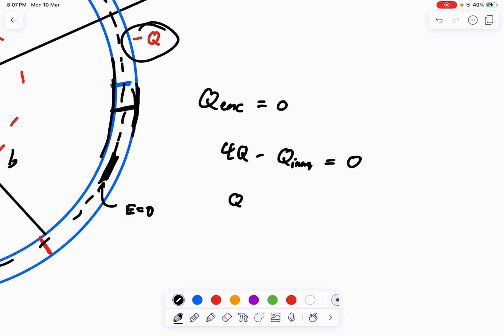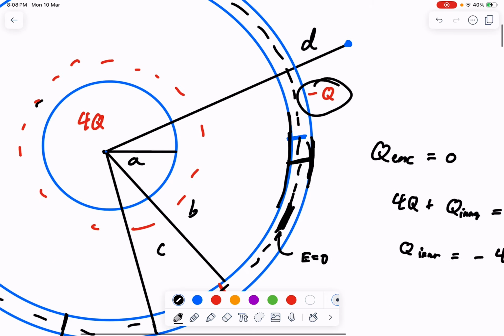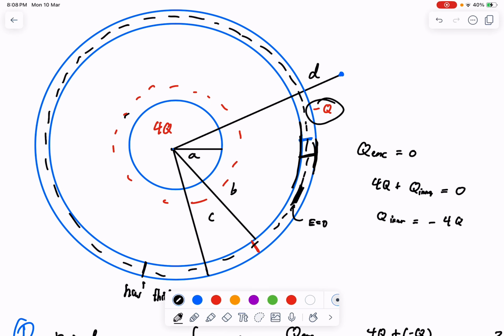So Q inner must be negative 4Q. That means around the edge of this circle it has negative 4Q.